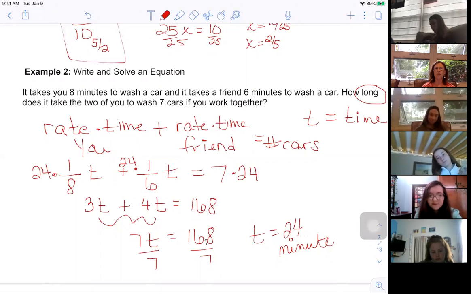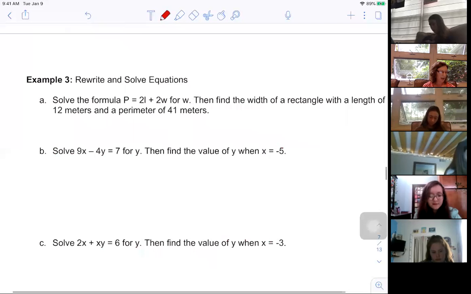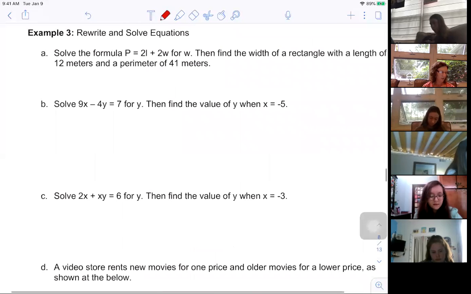So we are going to continue and do one more problem. And if you look at the top, actually we're going to do A and B and we'll save C and D for tomorrow. So example 3 at the top of the next page wants you to rewrite and solve the equations.